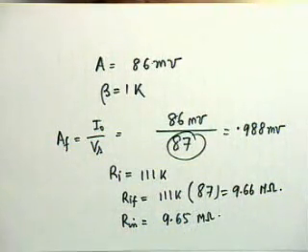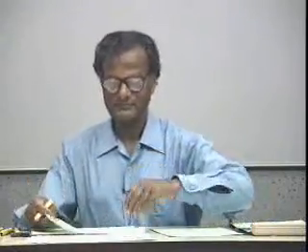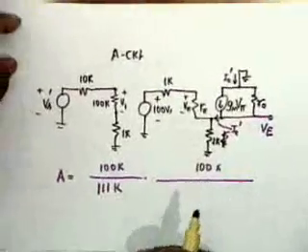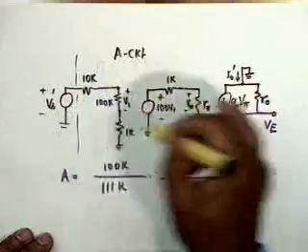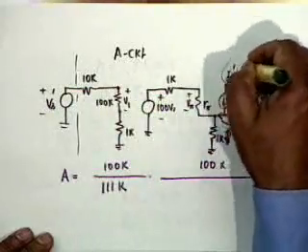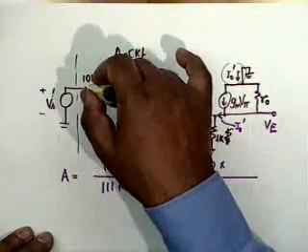Shouldn't Ri be 101K, because RS was 10K? I'm glad you raised the question. Nobody raised it earlier. This is the confusion that I want you to avoid. I have warned you before that your A circuit is now this, between Vs prime and I0 prime, so it is included.